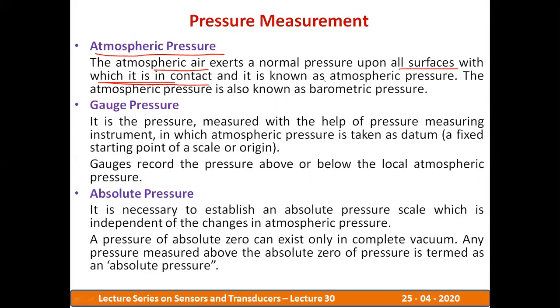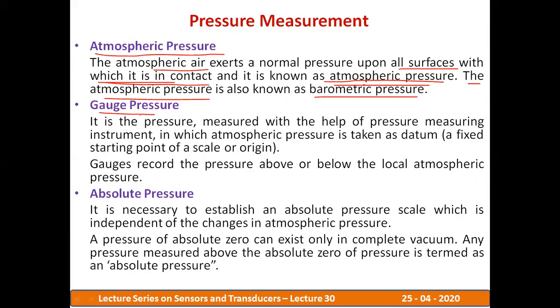This is known as atmospheric pressure, the pressure exerted by the atmospheric air. This is taken as a reference for pressure measurement. The atmospheric pressure is also known as barometric pressure.